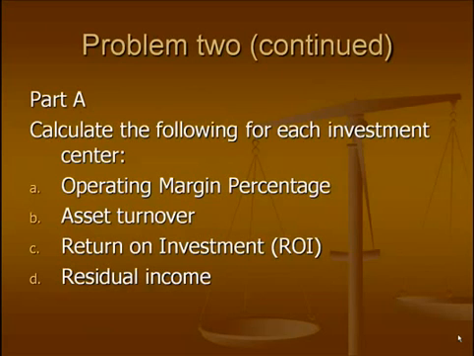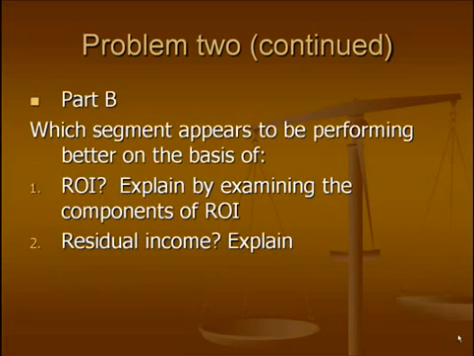Calculate the following for each investment center: OMP, asset turnover, ROI, and residual income. Part B. Which segment appears to be performing better on the basis of 1. ROI, 2. Residual income? Explain.